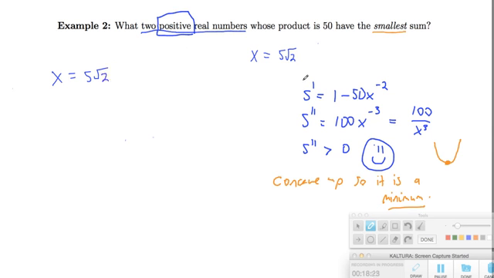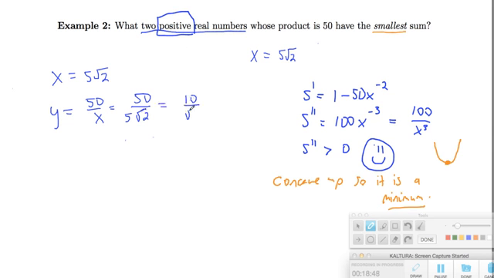Now to get y, remember that their product has to be 50, and so y was 50 over x, right? So 50 over 5 square roots of 2.